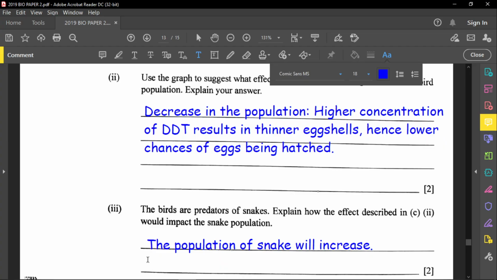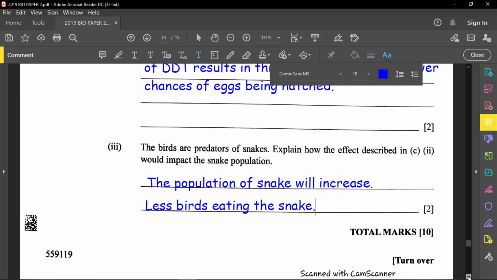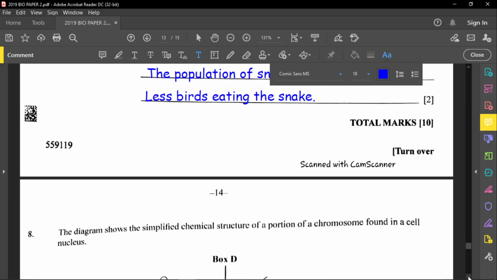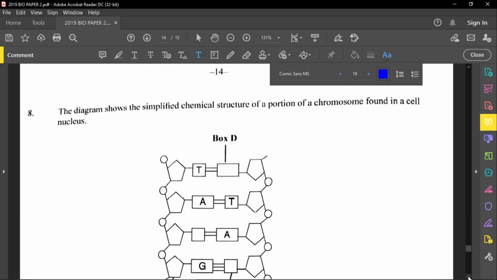This is because you have fewer birds eating the snake. So the population of snake will increase, that's a mark, and then fewer birds eating the snake because of a decreased population. That's your 2 marks right there.